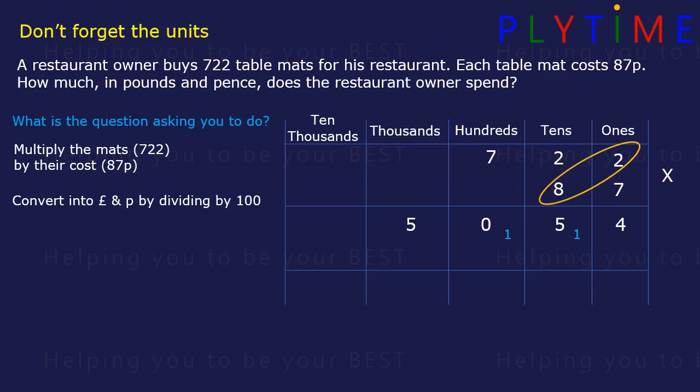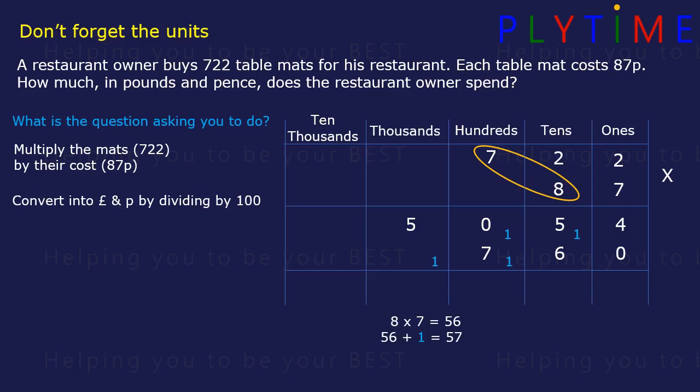Now we move to multiplying by the 80, so we put our 0, then do 8 times 2. 16, we write the 6 and carry 1 forward, then 8 times 2 again. 16 plus the 1 carried forward is 17. Write the 7 and carry 1 forward. Then 8 times 7 equals 56, plus the 1 carried forward is 57.